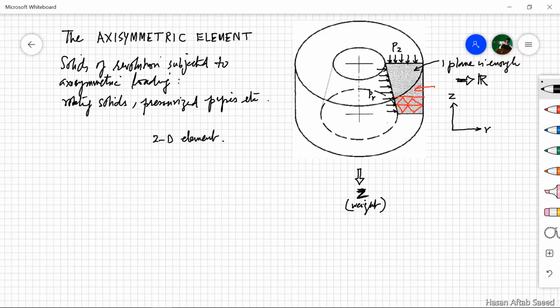Now, if we take one of these elements that make up this axisymmetric plane, using simplex elements, for any simplex element we have three nodes I, J, and K, because recall that this is a 2D problem. Each node has 2 degrees of freedom.